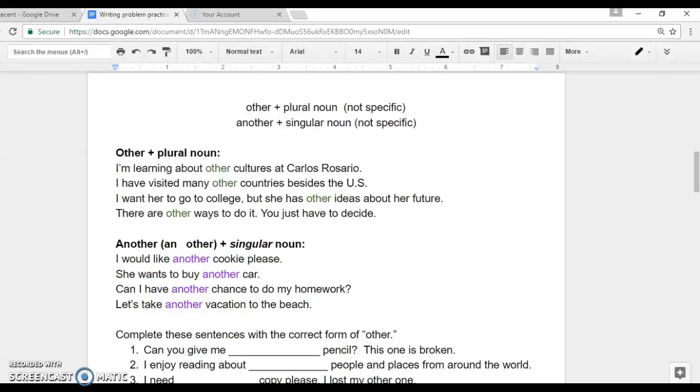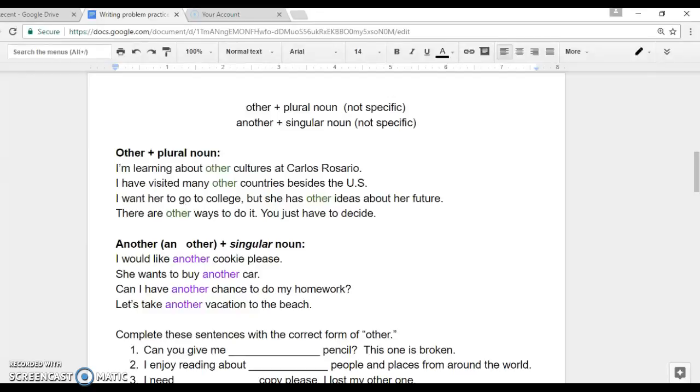So let's look at other plus a plural noun. Here are the examples. I'm learning about other cultures at Carlos Rosario. What I want you to notice is there is no S on other, because in this case its function is an adjective, and remember in English adjectives do not have S. They do not make plurals.